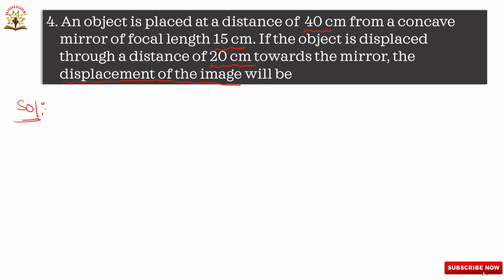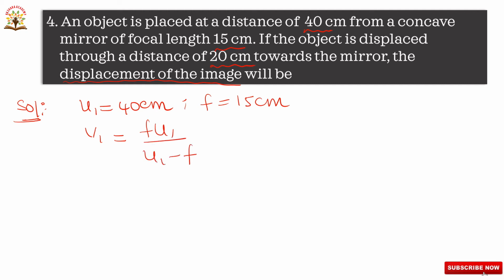Here given u1, the object distance, is 40 centimeters and f is equal to 15 centimeters. v1 is equal to f u1 by u1 minus f.